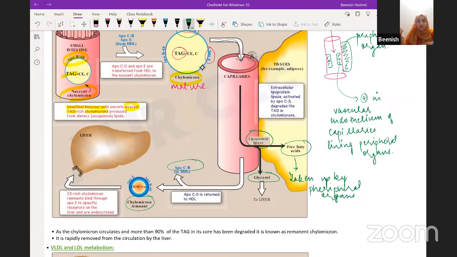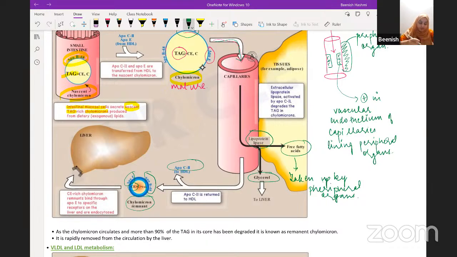The remnant chylomicron will be rich in cholesterol esters, and it will only have ApoE and ApoB48. This cholesterol ester-rich remnant chylomicron binds through ApoE to specific receptors on the liver and is endocytosed.